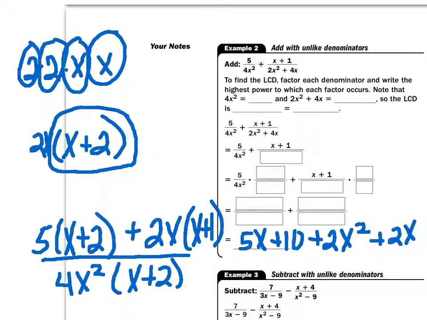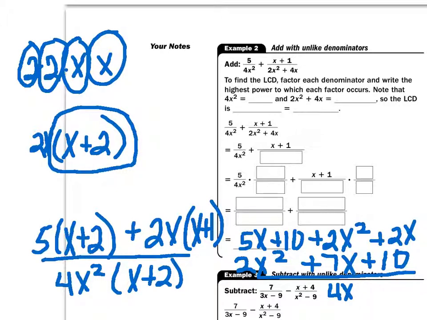And then I'm going to collect like terms, so I'll have 2x squared plus 7x plus 10, and it's still over that denominator. Go ahead and multiply it out now: 4x cubed plus 8x squared. And this is my final answer.